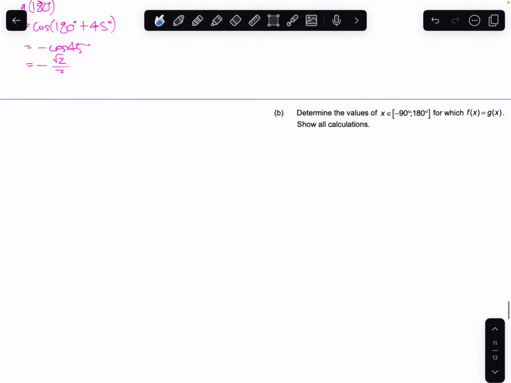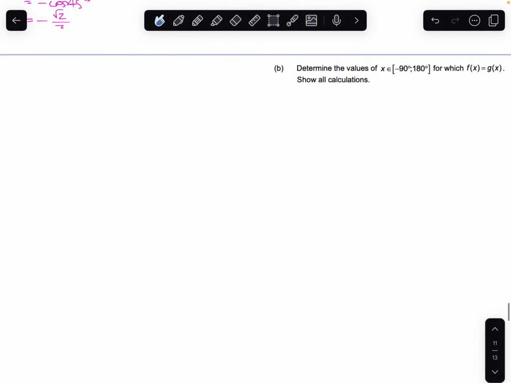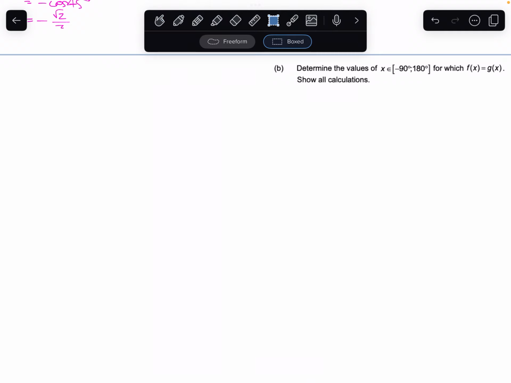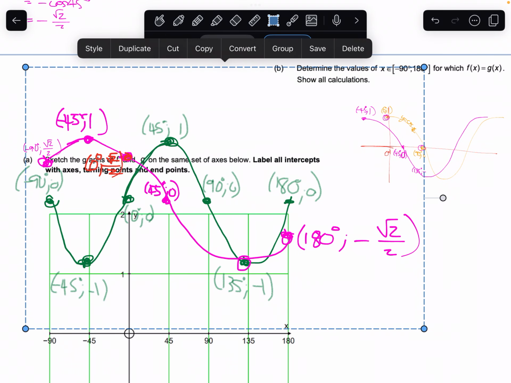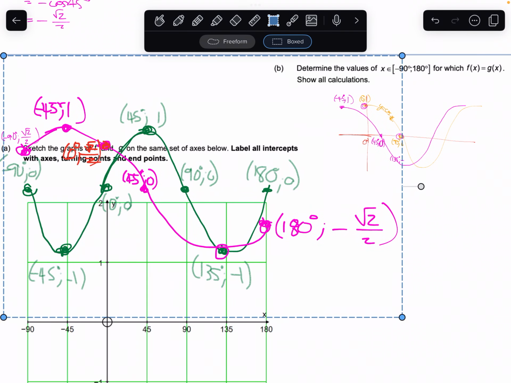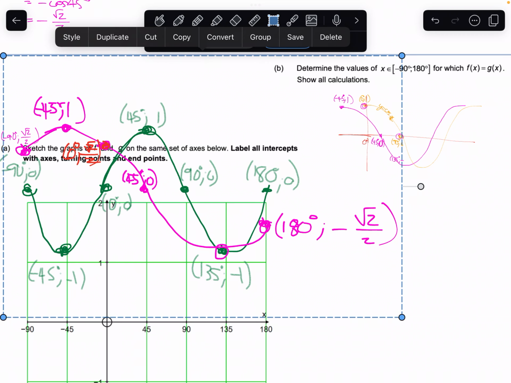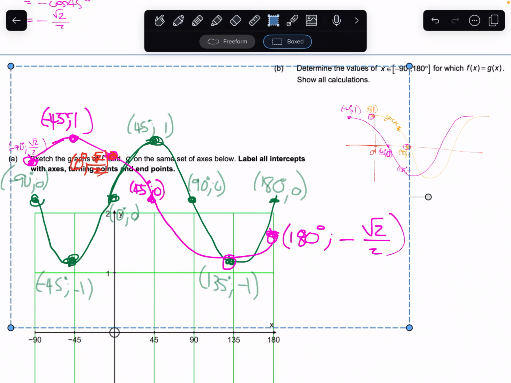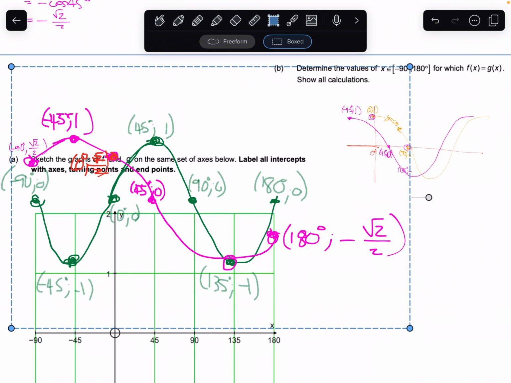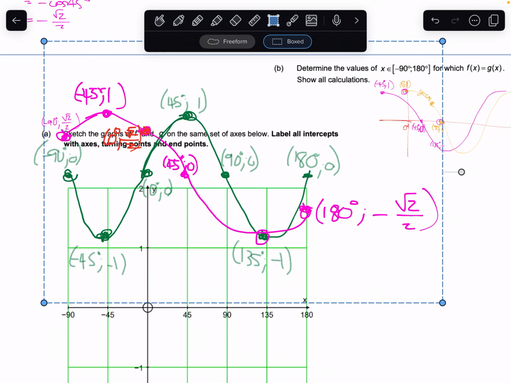Okay, and off we go to the next page. Oh my goodness, what a tragedy. Oh, how does that even work? Golly.